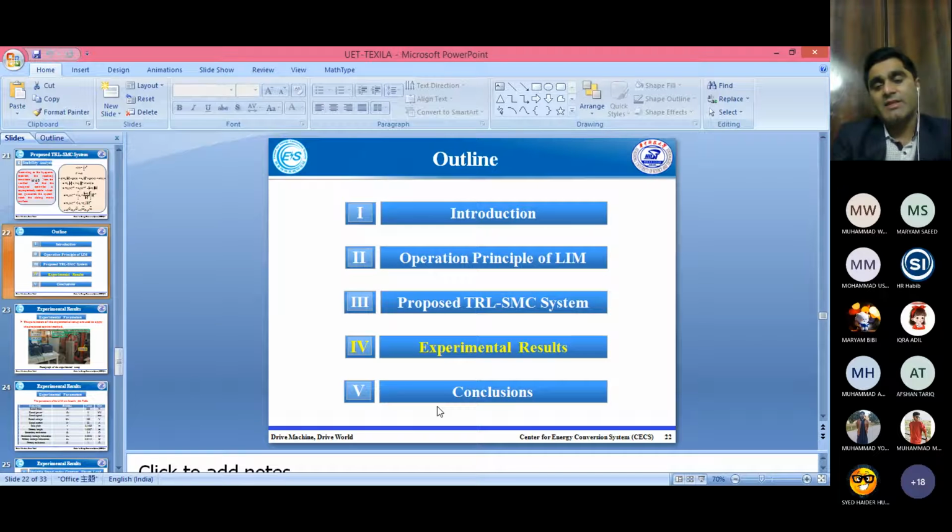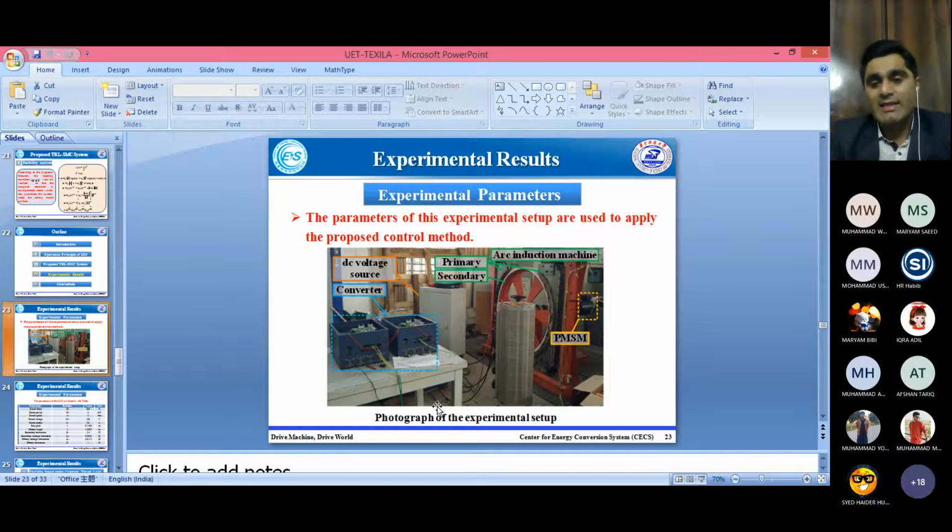After that, we built an experimental setup to validate our proposed method for the linear induction machine. For example, here is the linear induction machine shown here. We can see there is one rotor and one stator, but the stator is cut. When we make an arc stator, it is no longer rotating because we make a prototype.